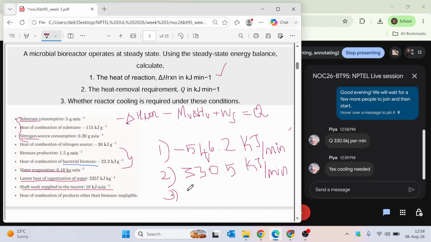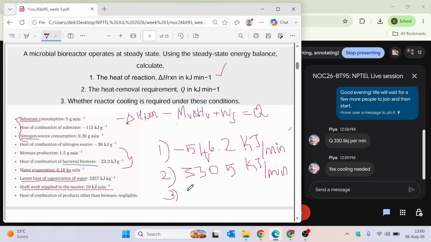So yes, we need cooling in the system, because what is your Q term? Your Q term tells you the heat loss, and that term is positive, which means there is heat loss from the system. So you will need a cooling system to remove the heat, which is the 330.5 kilojoules per minute.